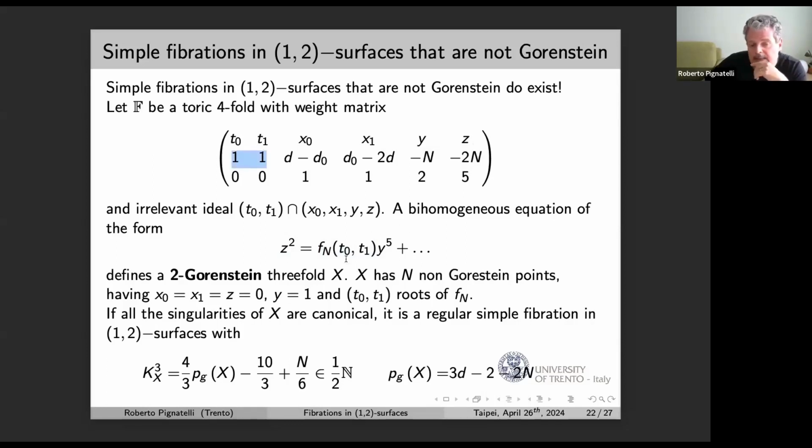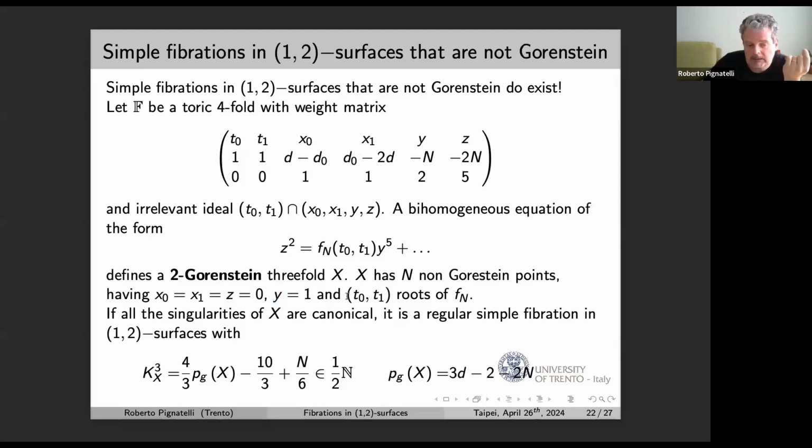And so what happens now, if you take such an equation, is that your divisor is no more contained in the smooth locus of the fourfold. Because if you take x0, x1, z equals 0 and y equal 1, you get one of these 2 sections of singular points in my fourfold.